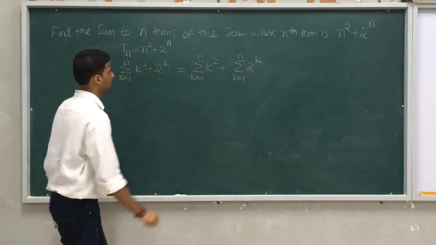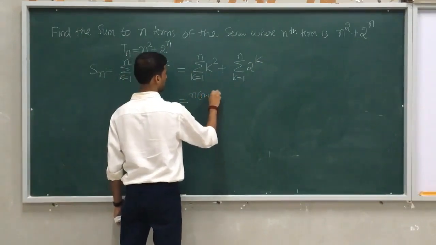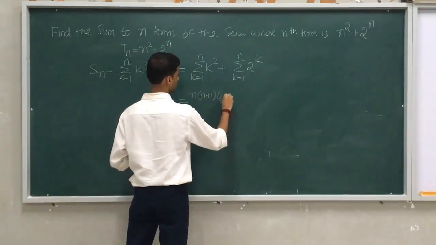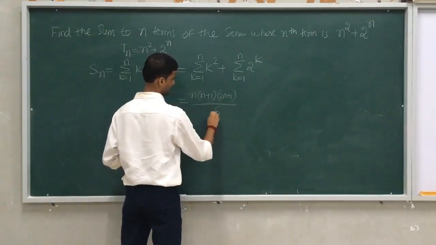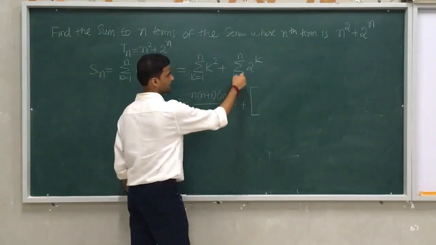Now I know this can be written n into n plus 1, into 2n plus 1 by 6. But I don't know about this thing, but I can easily predict this easy answer.